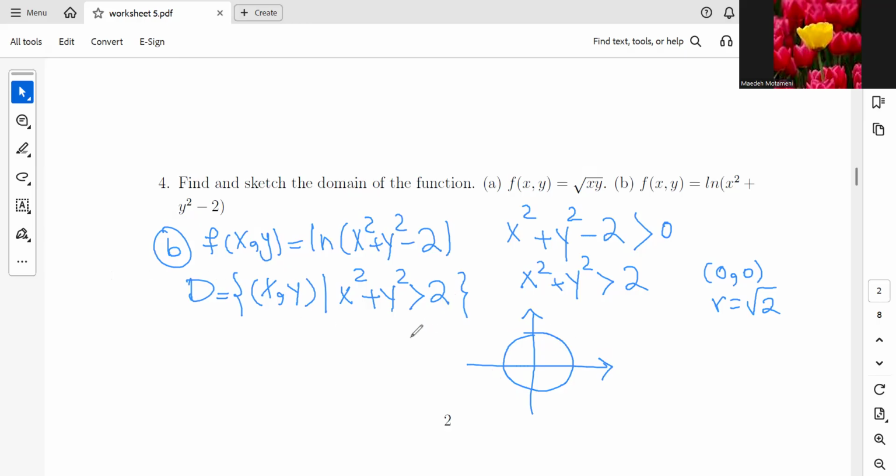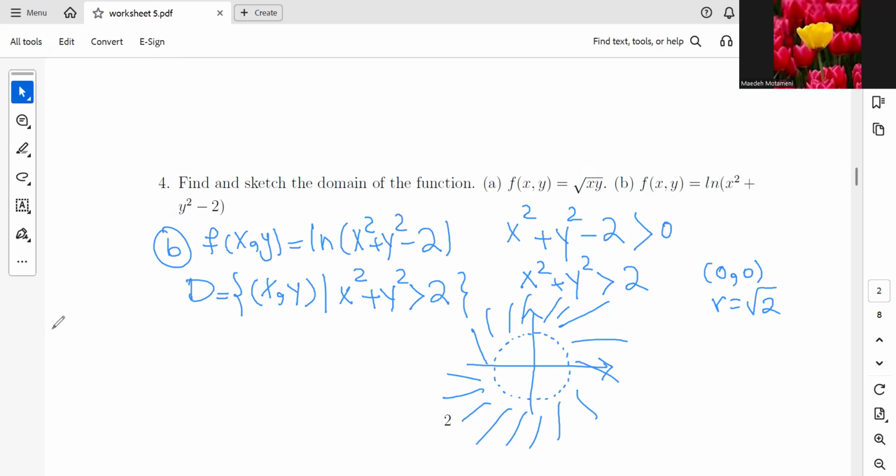And also, since we don't have any equal sign, we wouldn't accept this line of the circle as well. So it's better if I write something like this, because we cannot have that in the domain. And all the amounts that are outside of this circle is the domain of this function.